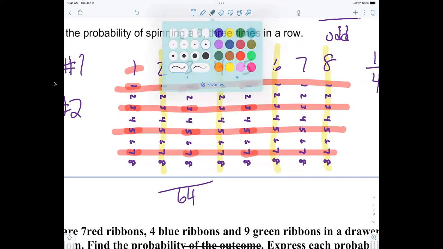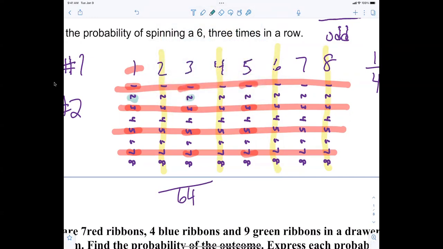Now watch me count successes. 1, 2, 3, 4, 5, 6, 7, 8, 9, 10, 11, 12, 13, 14, 15, and 16 possible successful outcomes. And what do you think 16 out of 64 is? 1/4. Guess what we said before I did all that work?